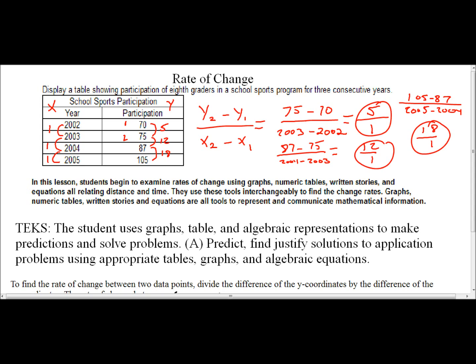What you would do easily is look at the difference between 105 and 70, and here you will get 35 if you subtract 105 minus 70, and then you're going to put that over 2005 minus 2002.